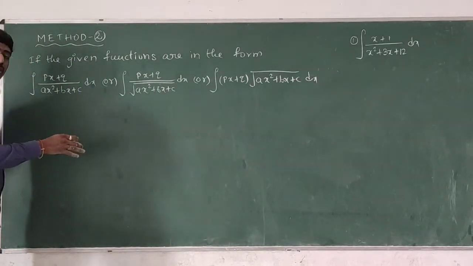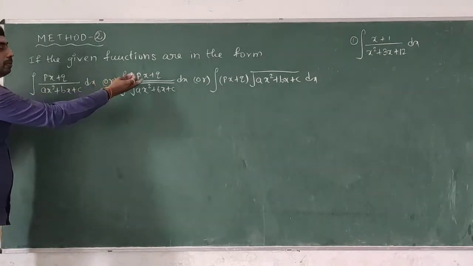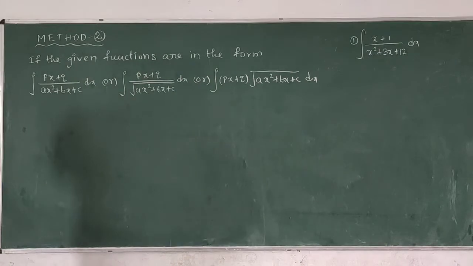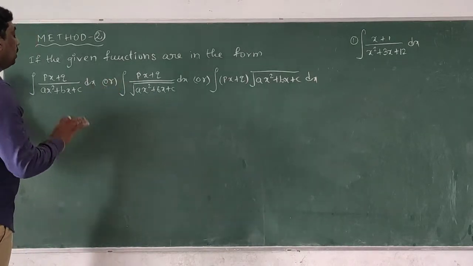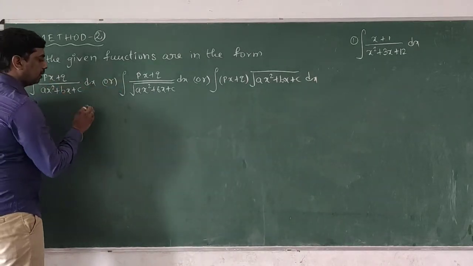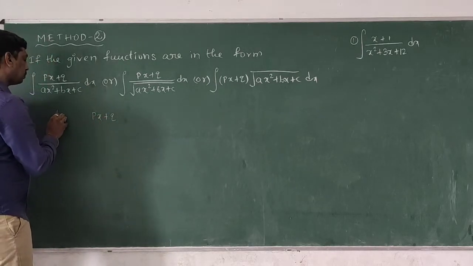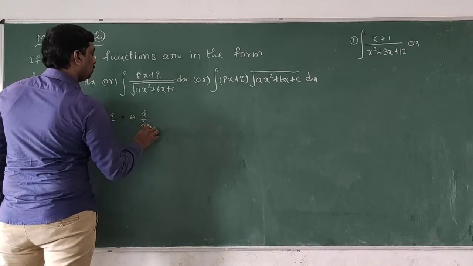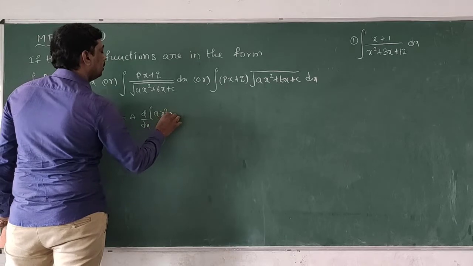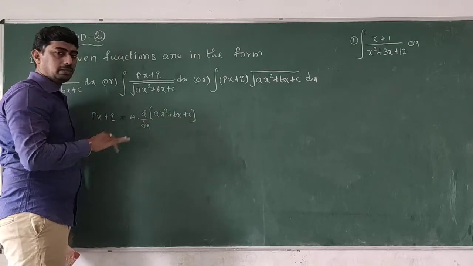If the given functions are in the form of px plus q by ax square plus bx plus c, next px plus q by square root of ax square plus bx plus c, or px plus q into square root of ax square plus bx plus c, then listen, just remember, let px plus q equal to a into derivative of ax square plus bx plus c plus b, where a is some constant.